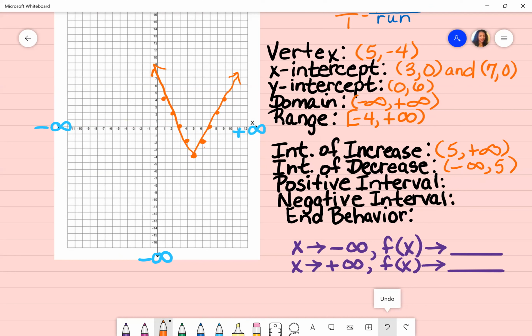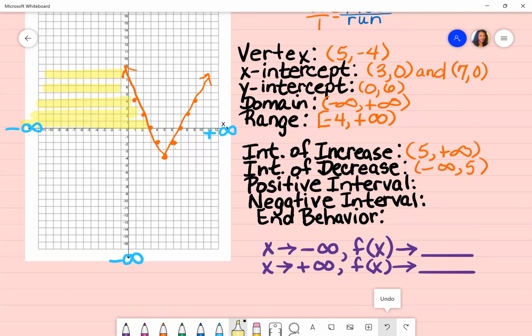The positive intervals, that is everything that's above my x-axis. I have to account for everything from negative infinity to positive infinity. So from negative infinity to +3, because I'm looking at my x-intercept now, I'm going to have a positive interval.